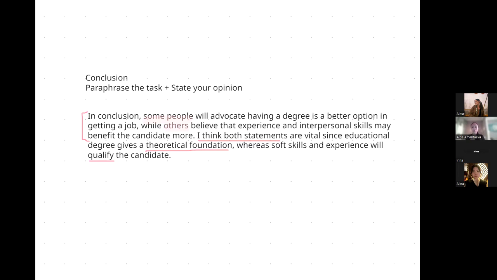For example, if you support the first opinion, you think that having a degree is better, then you should write, in my opinion, having a degree is more important because it will access different career fields.